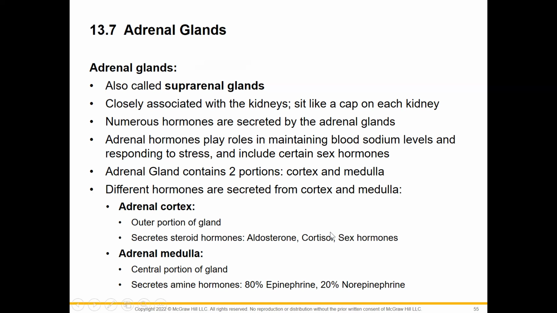We know that the sex hormones are your testosterone, estrogen, progesterone. Cortisol is a stress hormone, right? But it's also a steroid hormone. So it has a lipid backbone. And then you have aldosterone.